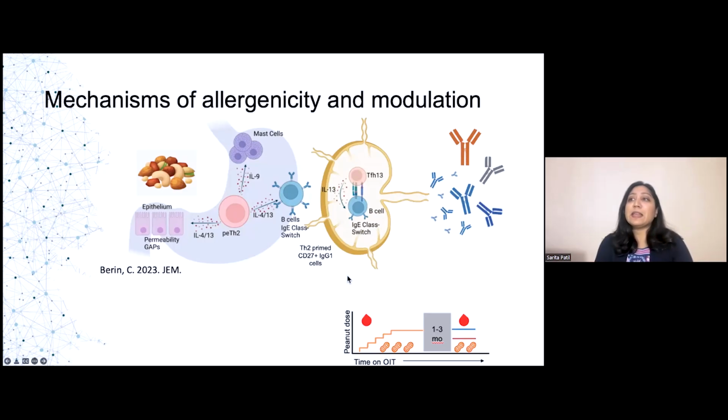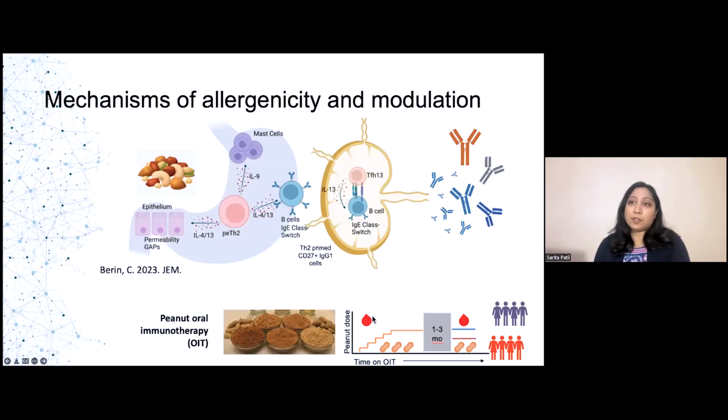And then these in the lymph node will receive help from T follicular 13 cells, which then drive IgE class switching and the production of allergen-specific IgE. And this process of developing allergen-specific IgE can then set up those individuals for having a systemic anaphylactic reaction.